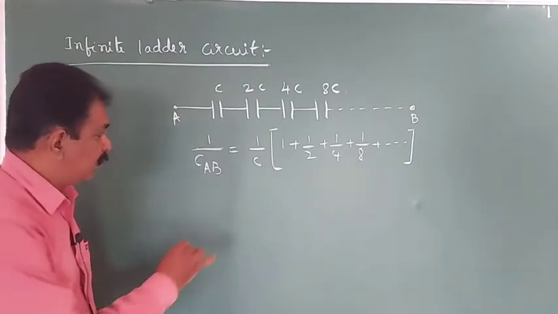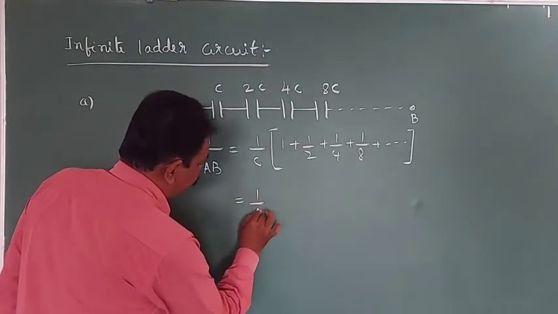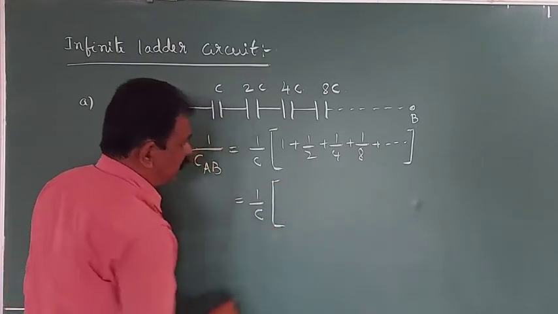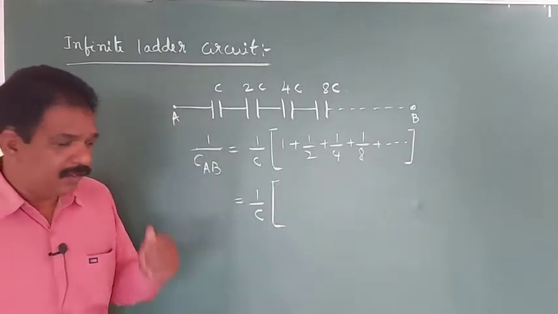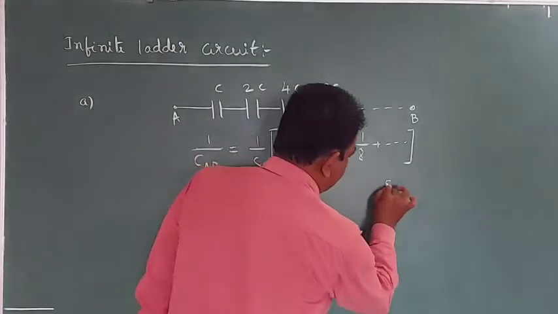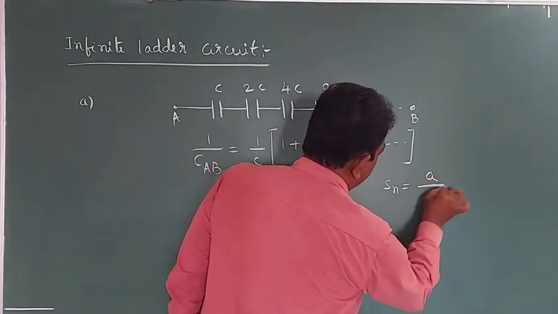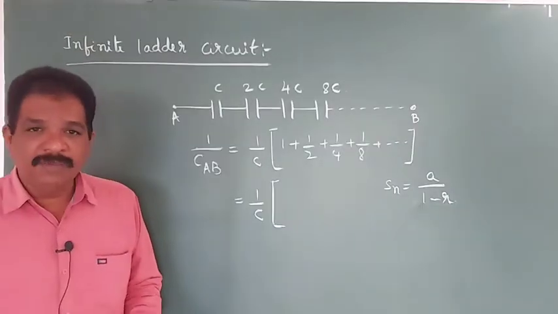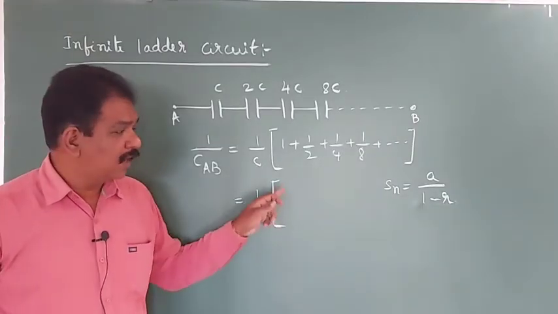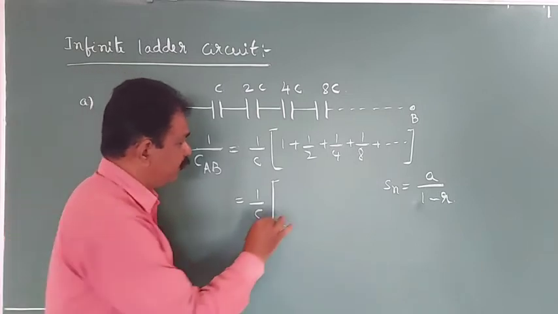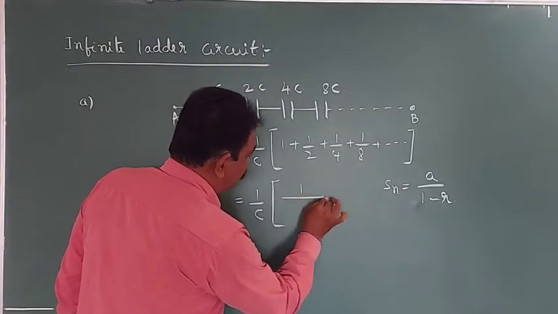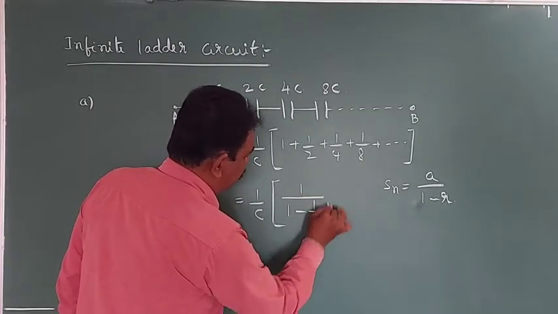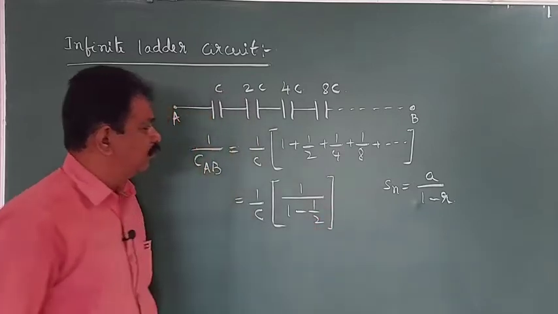So 1 by C into the sum of the infinite terms in GP. The formula is Sn is equal to A by 1 minus R. A is the first term, R is the common ratio. Here the first term is 1, the common ratio is 1 by 2.